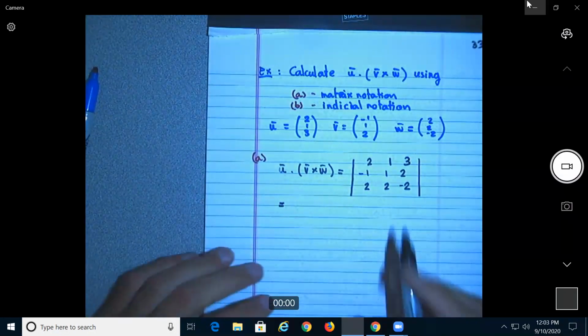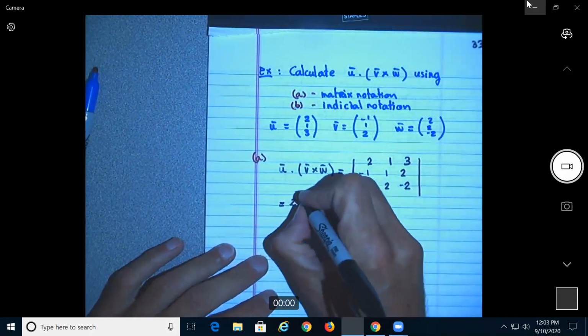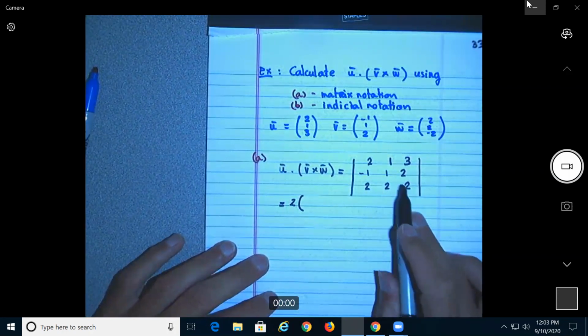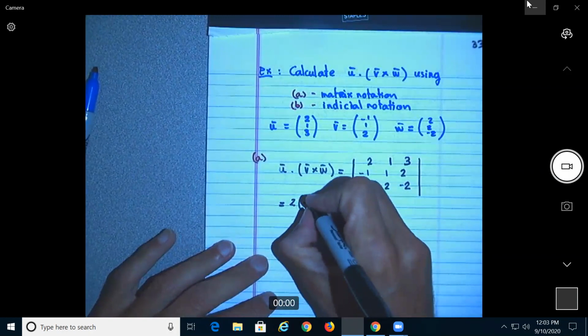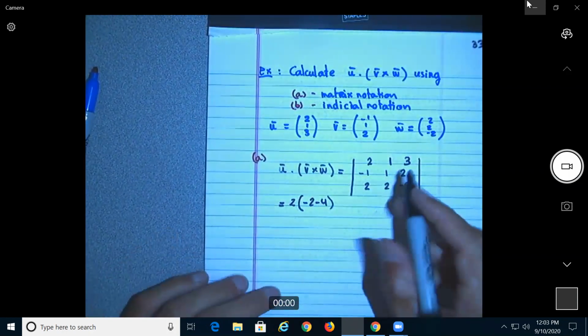So if you do this, what do you get? You're going to get 2 factor of minus 2, minus 4. Now do we switch the sign?